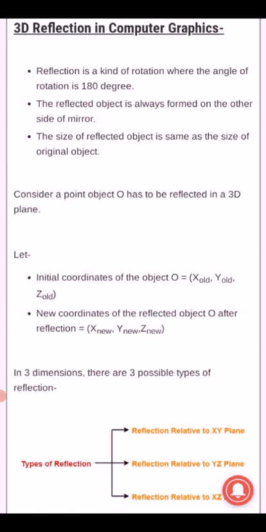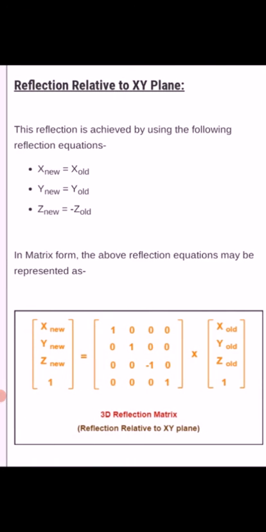So, consider the initial coordinates as x old, y old, z old, and the new reflected object's coordinates will be x new, y new, z new. Then, how can we express reflection relative to the xy plane? In reflection relative to the xy plane, there will be no change in the xy coordinates.